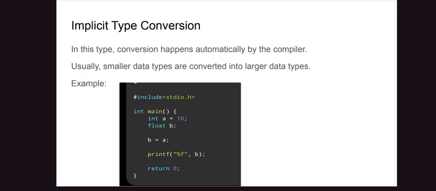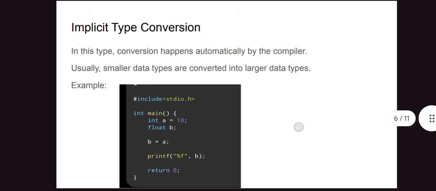Then we print %f and b and return 0. This is implicit type conversion. It is done automatically by the compiler. We don't need to interfere or give any prompt to change the data types, so it is automatic. That's why it is called implicit type conversion.